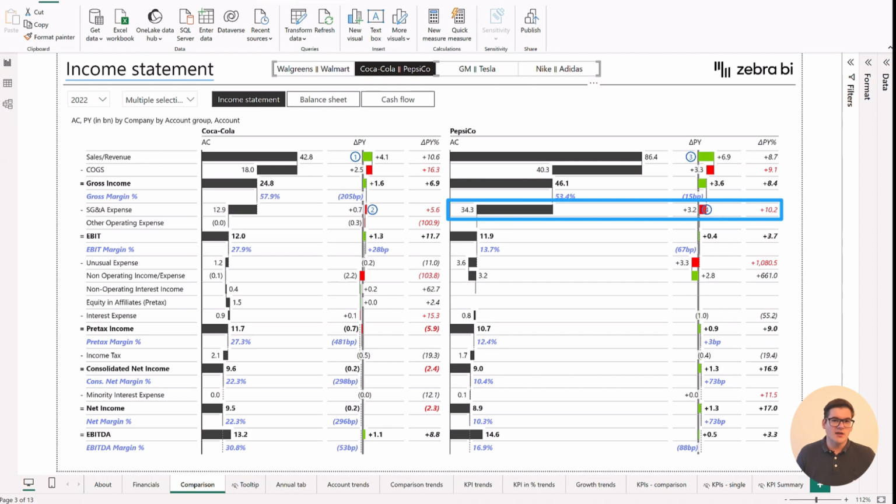And although the Coca-Cola Company was able to have a higher net income, their net income actually decreased looking at previous year numbers, and PepsiCo actually managed to increase their net income by around 17%. So I think we have to give the W here to PepsiCo.